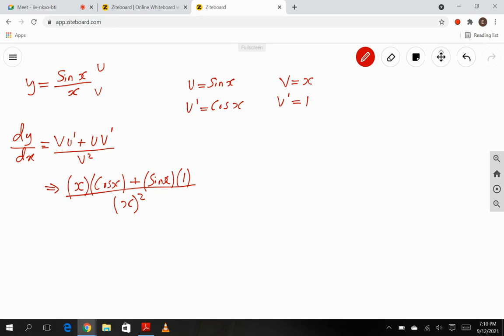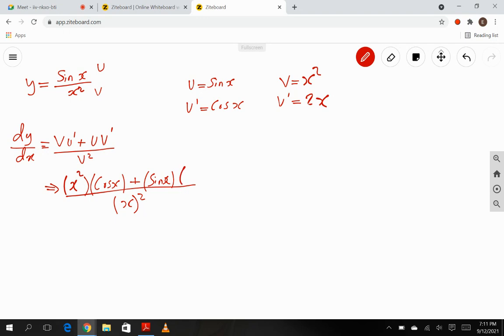Oh sorry, I made a mistake. On the bottom it should be x squared, okay? So it should be x squared, not just x. So for v, it's x squared.